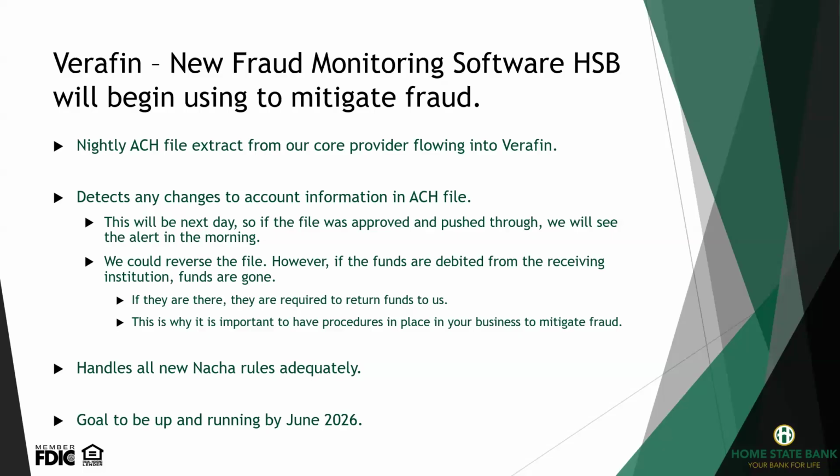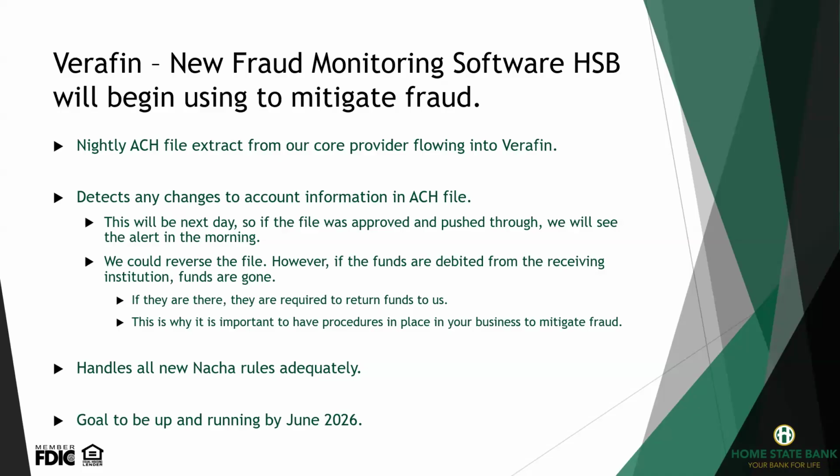If those funds arrive at the receiving institution and they're withdrawn immediately, and we created that file, say we pushed out a file, and then after the fact, we're like, oh no, that was fraudulent. I was tricked. I allowed somebody in my online banking, whatever the situation might be, we can reverse that file, which is basically requesting a return to that receiving bank.